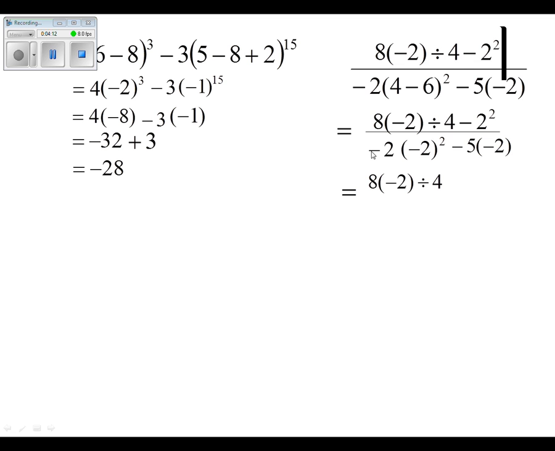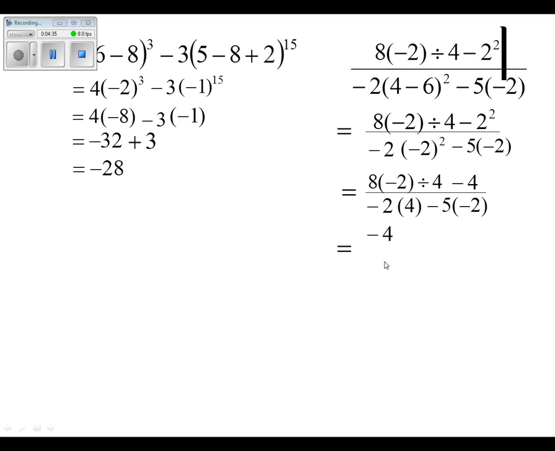Next step, we are dealing with the exponents, so this front part carries down, and then -2 squared is -4. The -2 carries down, and the -2 squared here is +4, because this one's in parentheses, the other one wasn't. And then -5 times -2 carries down.